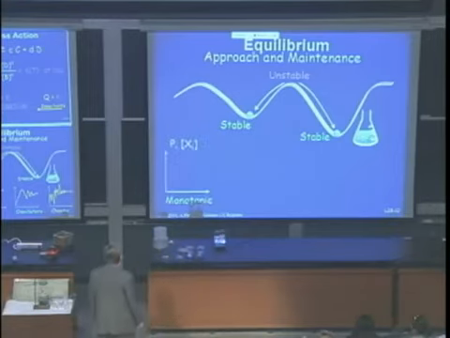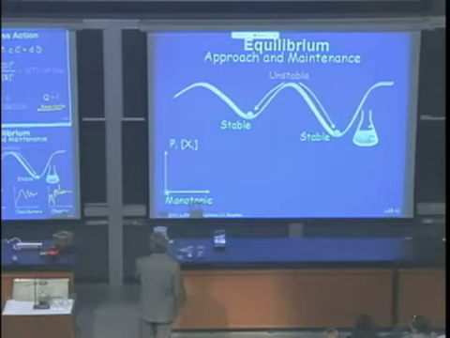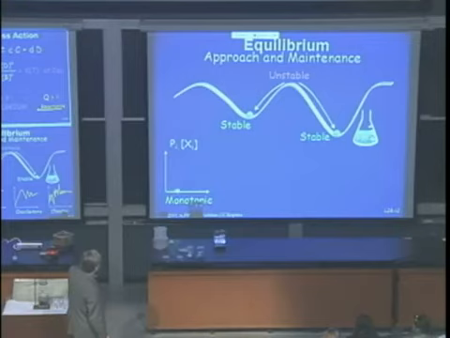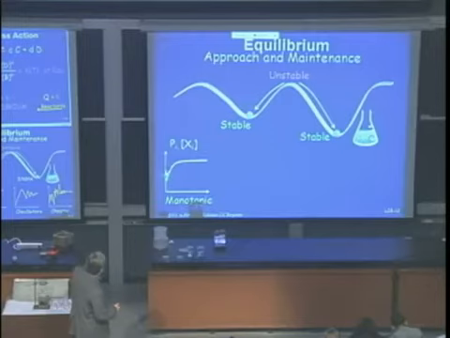So there are several kinds of equilibria, and we want to look at some of them here. If I plot the reaction time here, as the reaction proceeds, and I plot the concentration here, you would have a reaction that monotonically goes, and then it comes to equilibrium, all right?